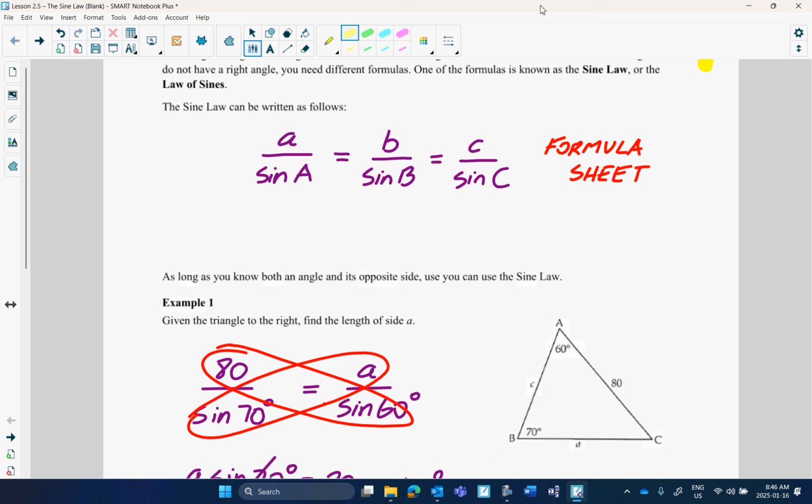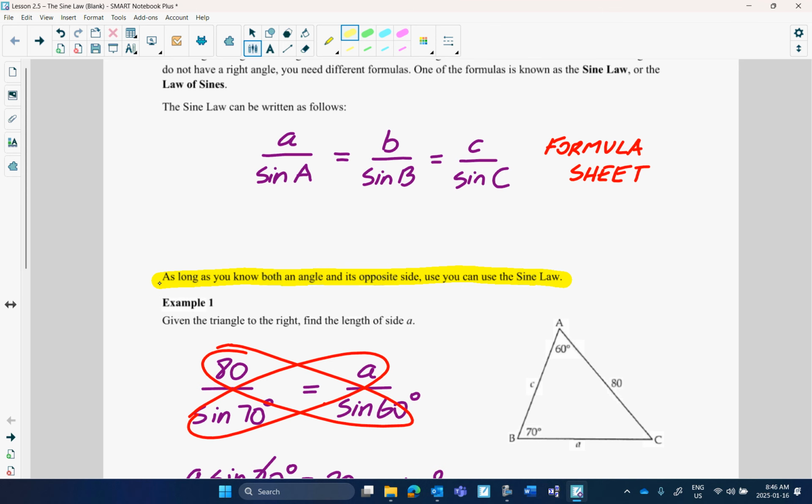All right. We can use sine law in this situation as long as we know an angle and its opposite side.